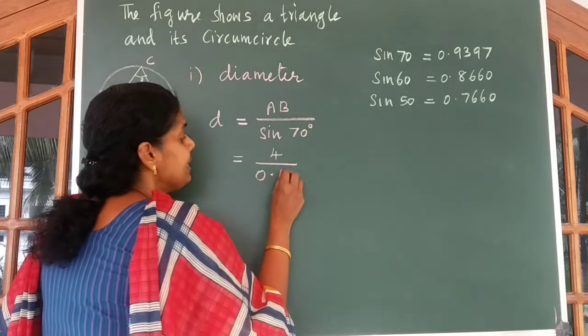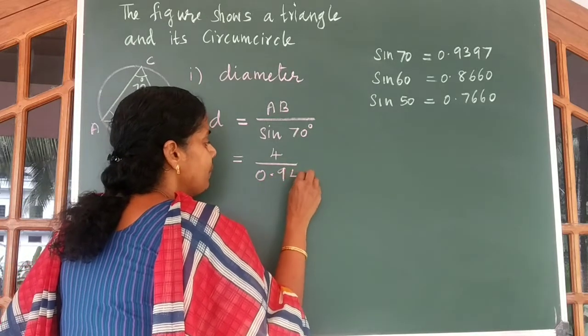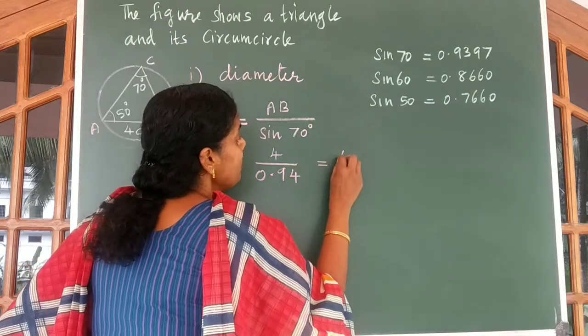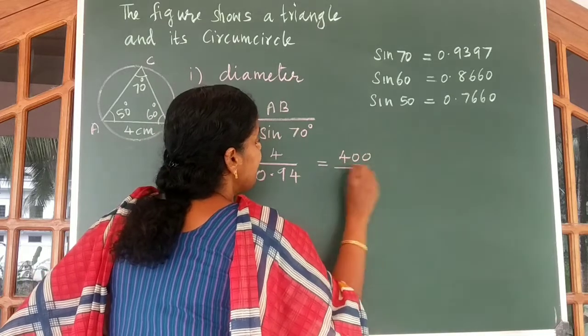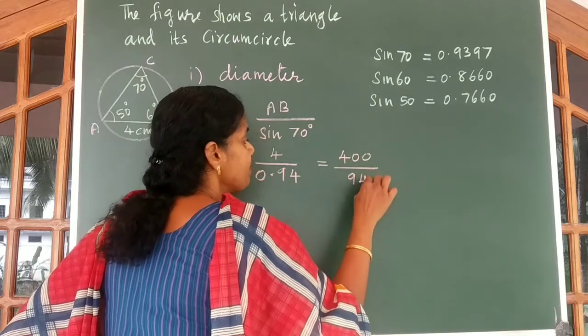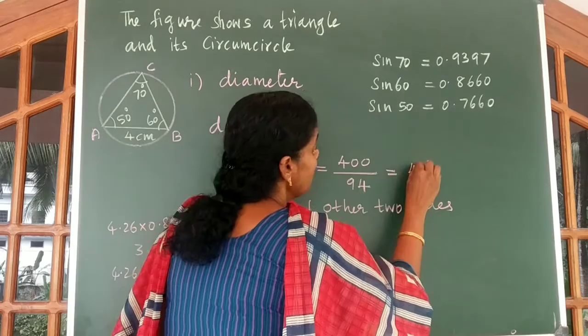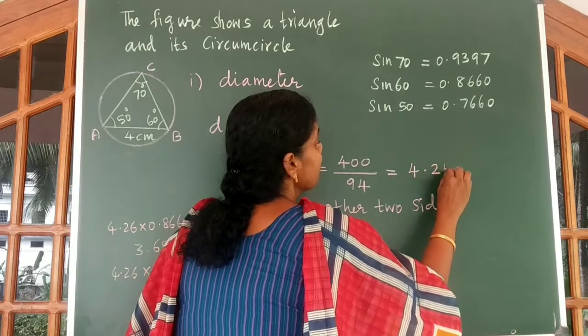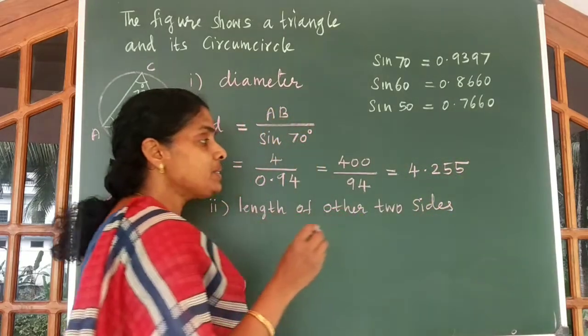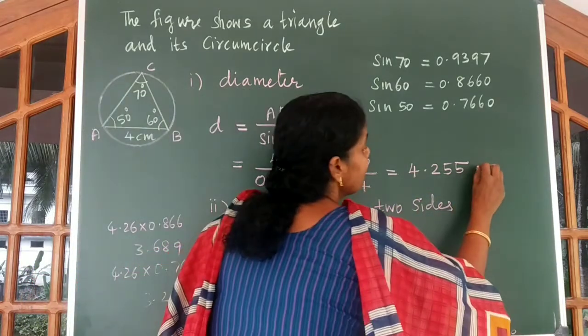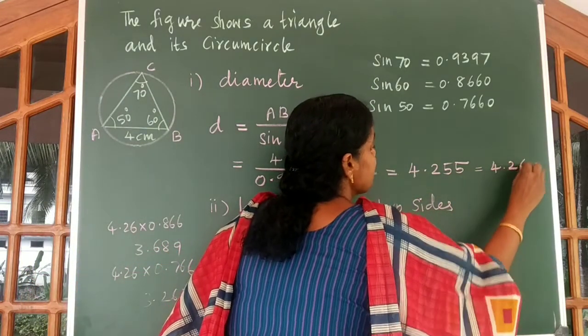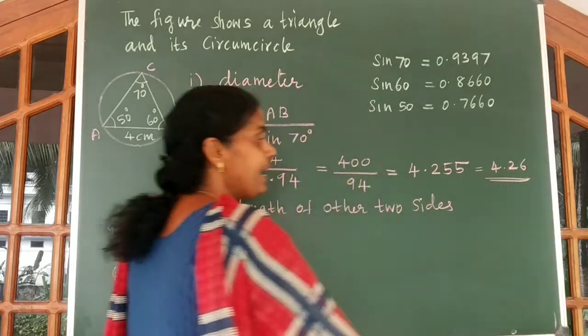So we can write 0.94. This is enough. 4 divided by 0.94 gives you 4.255, or otherwise we can take it as 4.26. This is our diameter.